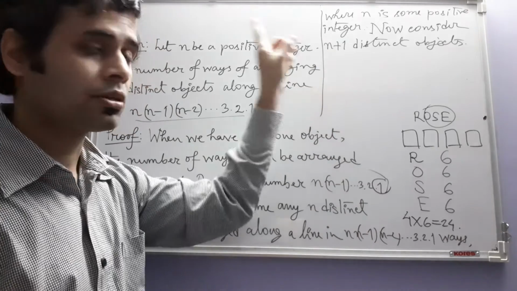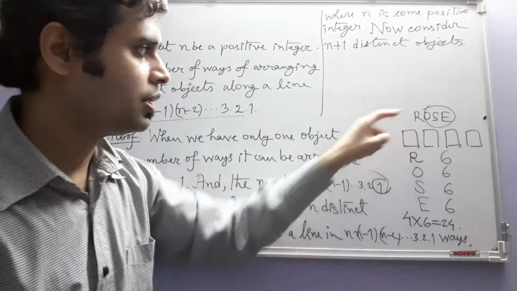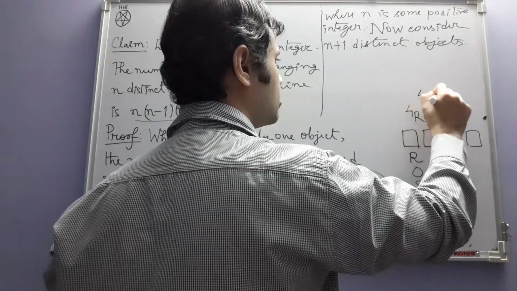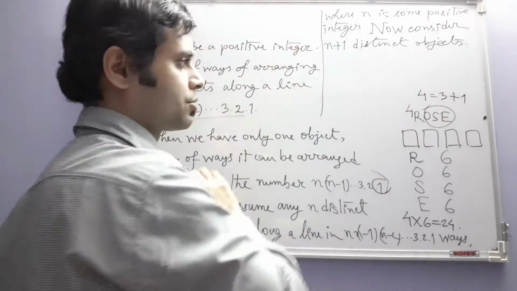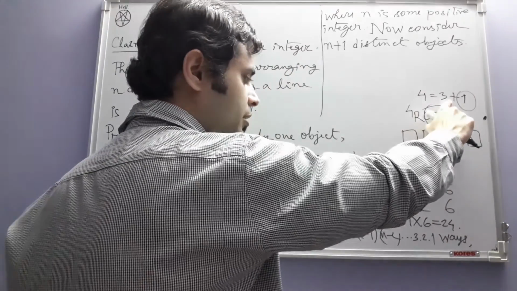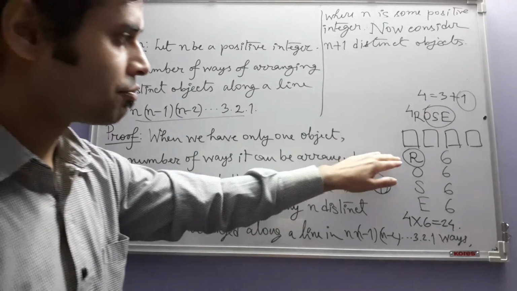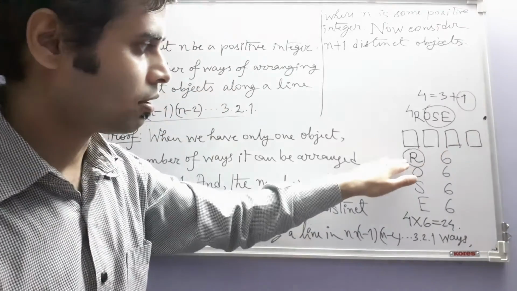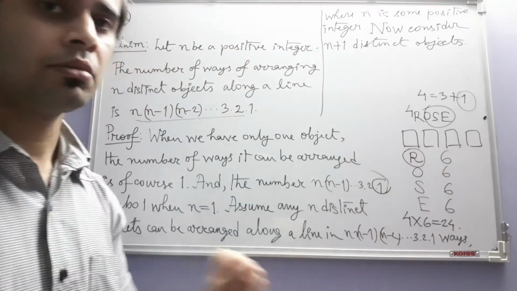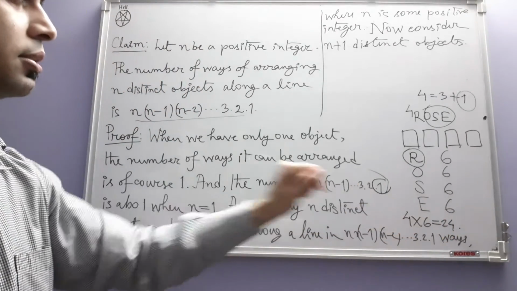For one choice of that first object, like this R, here we have how many objects? 4. So you can think of this 4 as 3 plus 1, n plus 1. Once I have chosen one object R, then the remaining 3 objects can be arranged in 6 ways. For each of my choice of the first object, the remaining objects can be arranged in 6 ways. So that is giving me 4 times 6 equal to 24 ways.